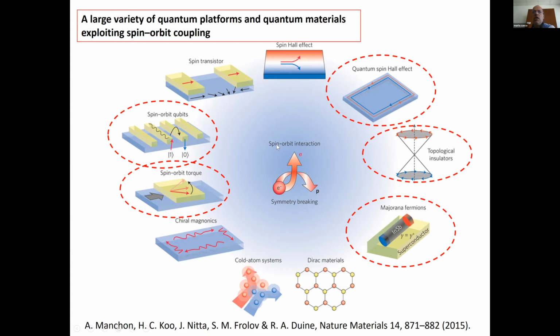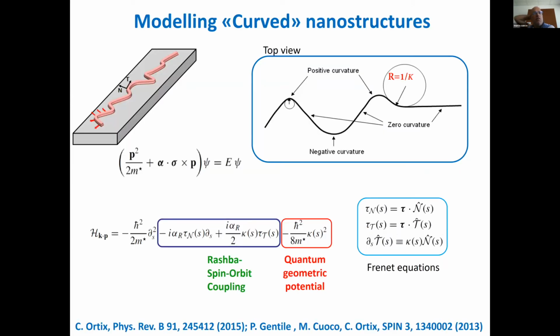So here in this talk, I take a little bit different perspective, and we started to ask the question: if you have an electronic channel like this object on a surface, and there is inversion symmetry breaking, how do you model this with a generic shape?